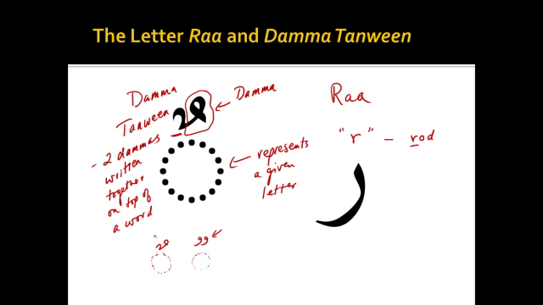And you see this little squiggle there represents the second Damma. So the first way that we write it is actually the full form of the Damma Tanween, and this here is a shorthand, just so you don't get confused.